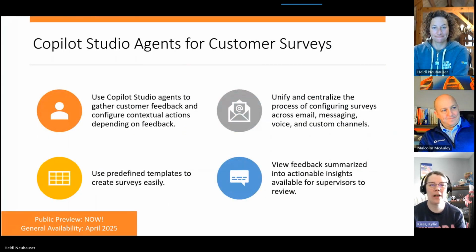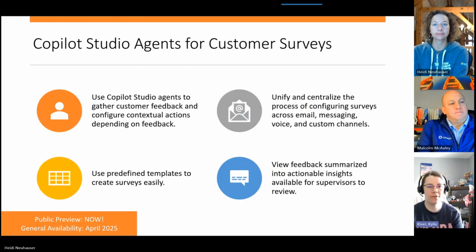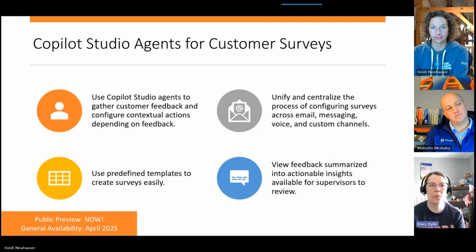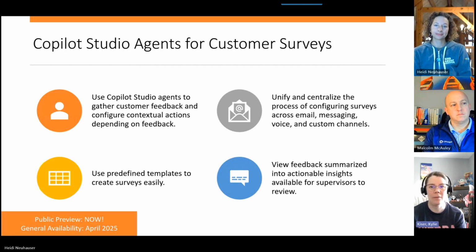And my other one was another Copilot Studio agent, for customer surveys. So the idea here is that I can use Copilot to automatically send out my customer surveys, gather that feedback, and begin the process of centralizing and summarizing that information so that you can get your actionable insights, right?